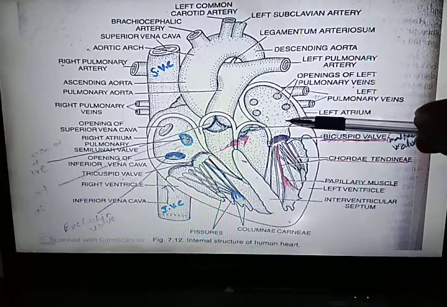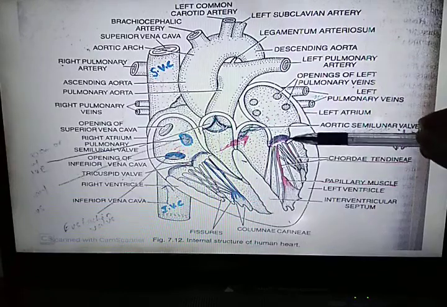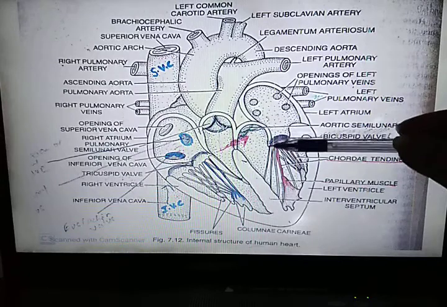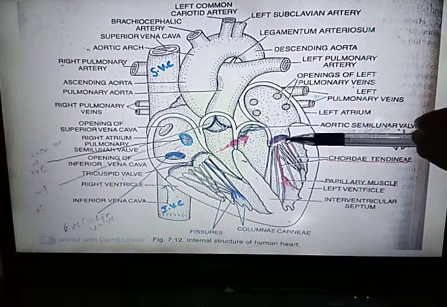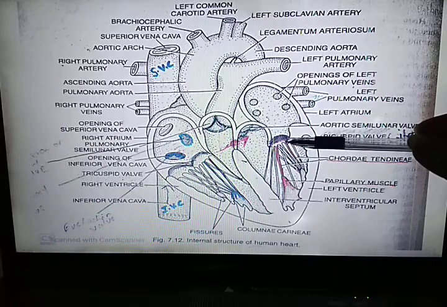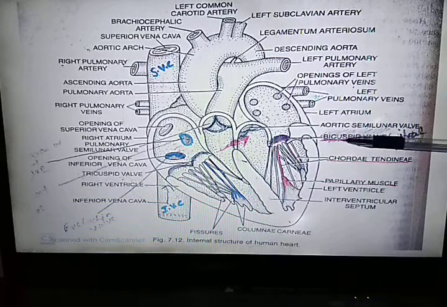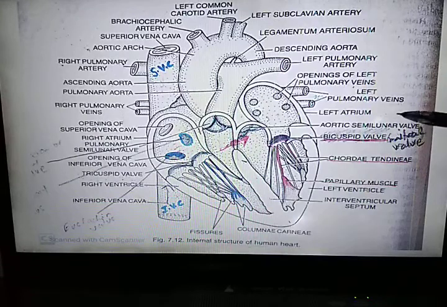From the left auricle, blood enters the left ventricle through the left auriculoventricular aperture, and this aperture is guarded by two muscular flap valve known as the bicuspid valve or mitral valve.